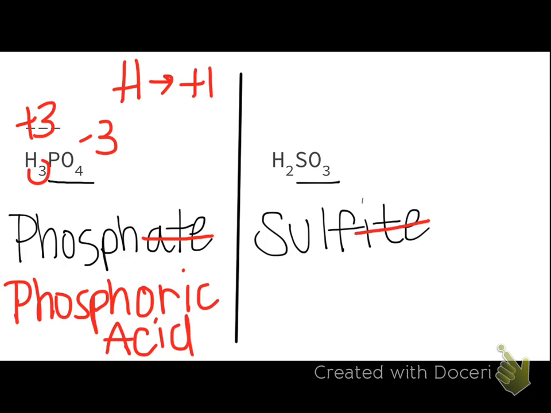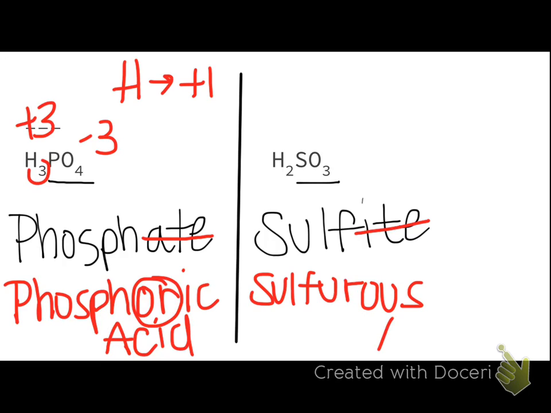We're going to bring back the UR the same way that we brought back the OR on our phosphate to make this sulfur. Now, ite, is that going to change to ick or us? Us. Sulfurous acid. So I brought this back in.